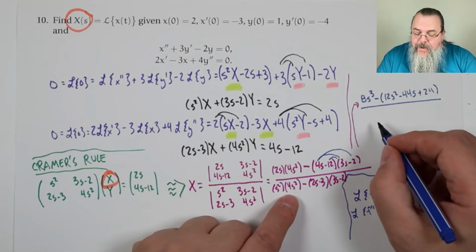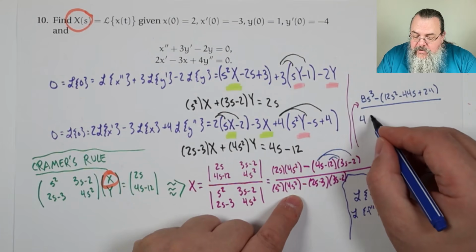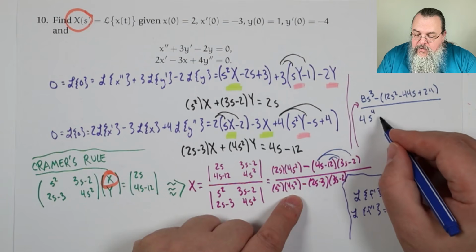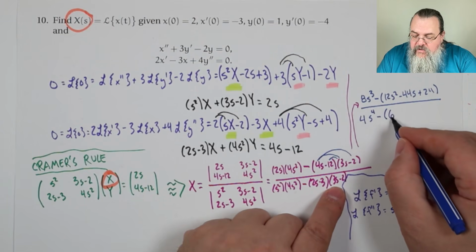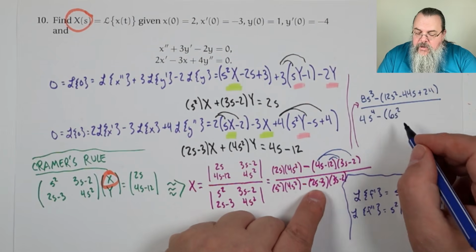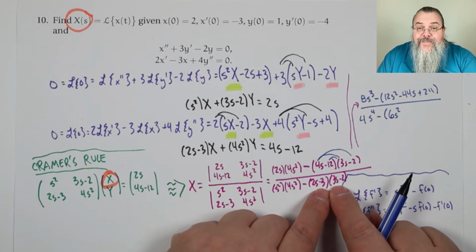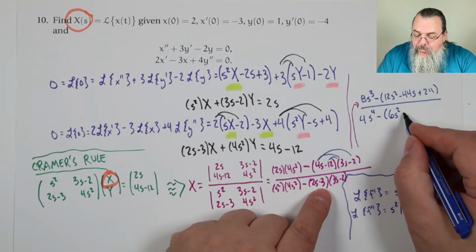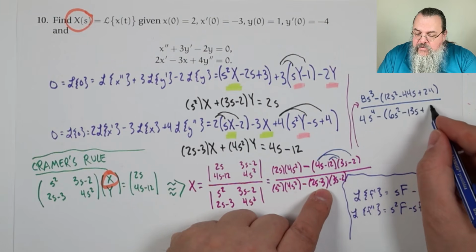Downstairs, s squared times 4s squared will give us 4s to the fourth. Subtract 2s times 3s, which will be 6s squared. Then we're going to get a minus 4s minus 9s, so that's minus 13s and a plus 6.